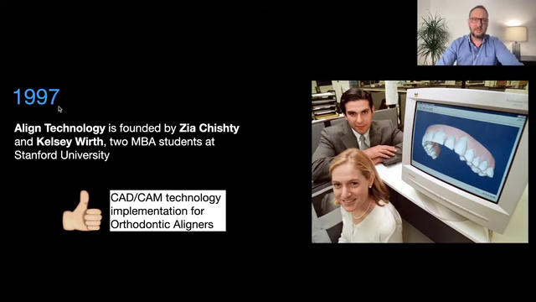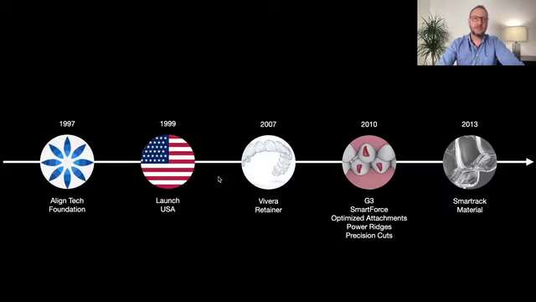But it was in 1997, and of course not dentists, two engineers who were MBA students at Stanford, who created this CAD-CAM technology for orthodontics, and the evolution, probably you all know, from 97 until nowadays, a lot of things happened, okay?